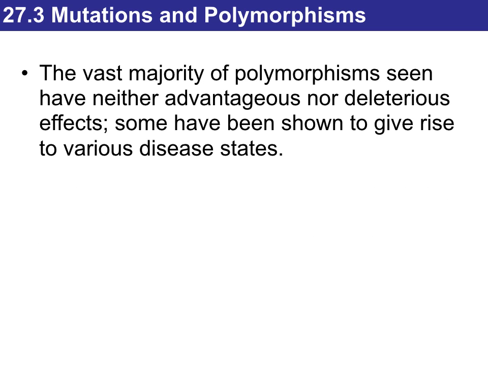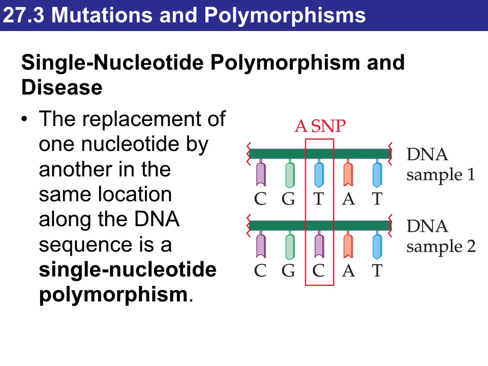Most of those polymorphisms are seen to either have an advantage or an effect that will not be good, so deleterious. Some have been shown to give rise to some of the diseases that we can find.